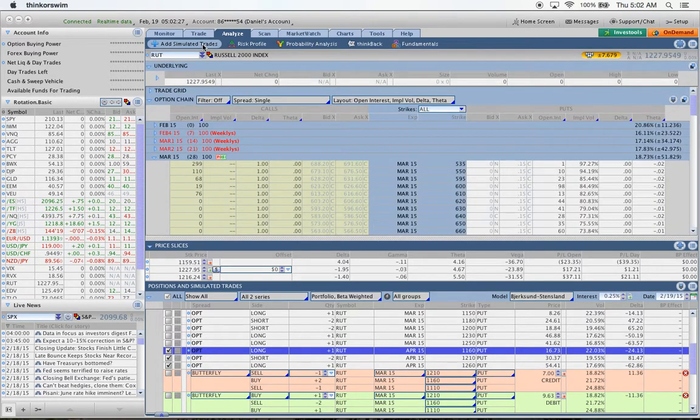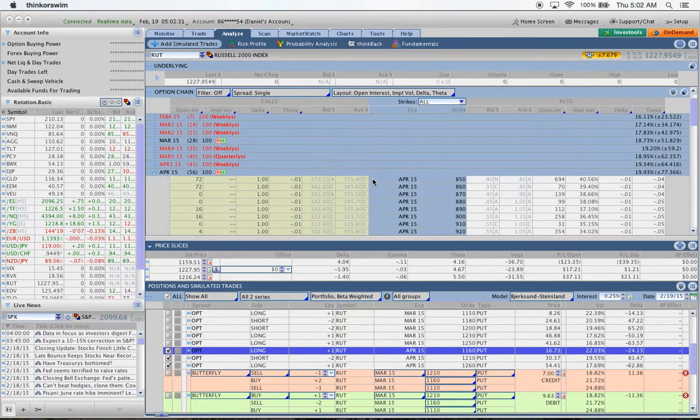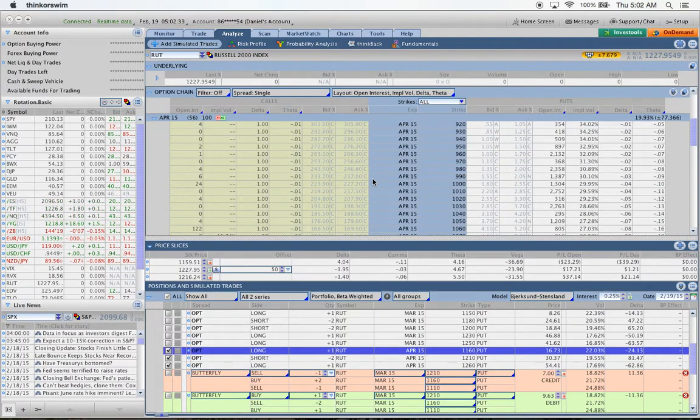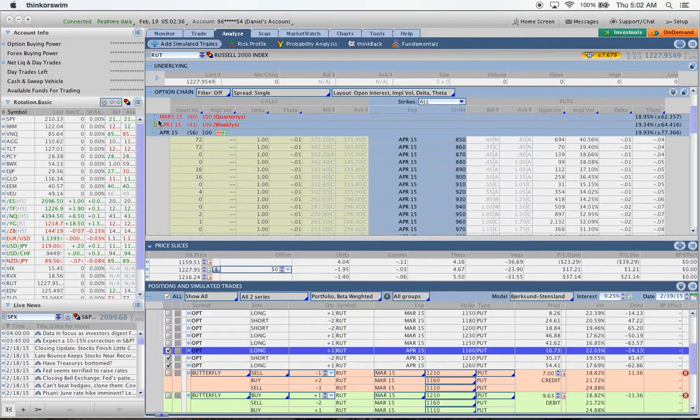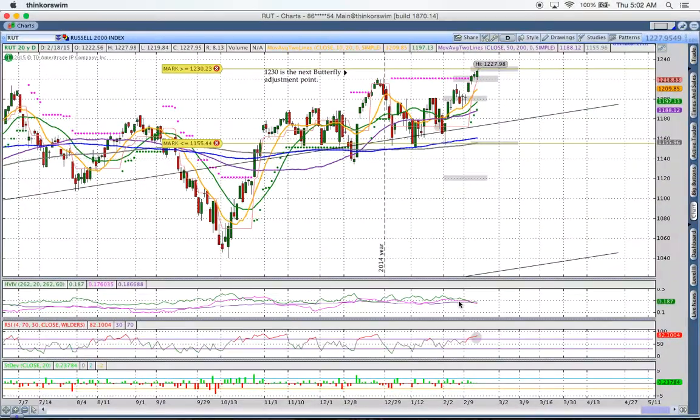I will note that I opened this up a little bit earlier than I normally do. I think there were 58 days on the day that I opened it. And the reason I opened it a little bit earlier than normal is just that I was watching the Russell come up here. It was making these new all-time highs. And I mentally have a hard time not selling short when things are making new all-time highs.